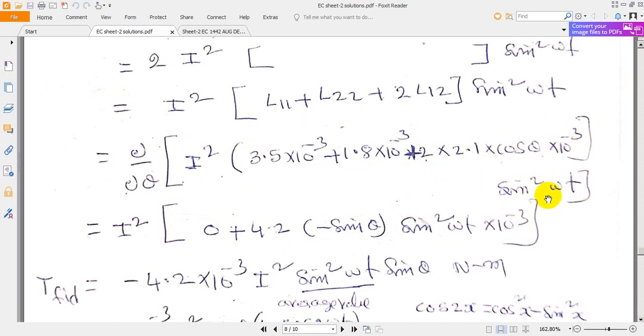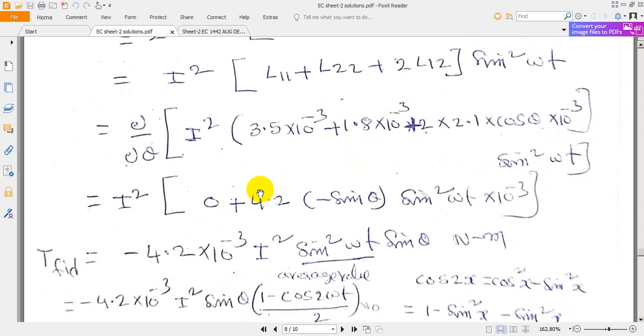We keep 10 power minus 3 as it is. Finally, the torque in the field is minus 4.2 into 10 power minus 3 I square sin square omega t sin theta Newton meters.